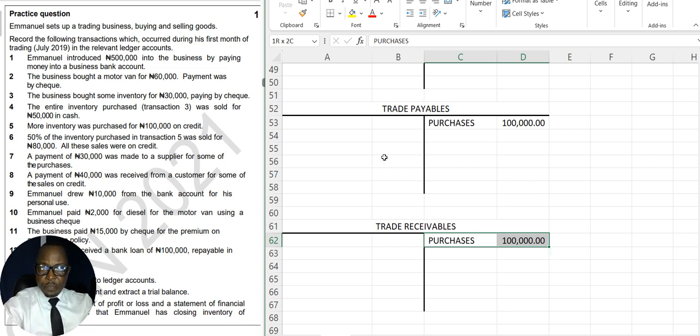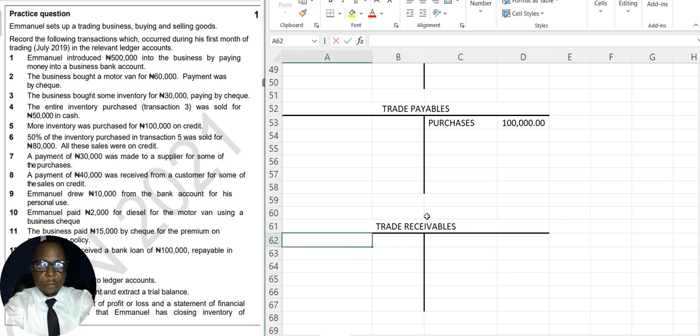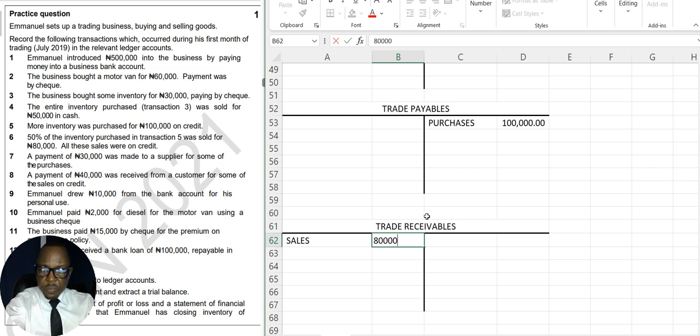All right, so the transaction we're treating is the inventory. 50% of the inventory purchased in transaction 5 was sold on credit. That is credit sales. Is that not so? So sales is giving it to trade receivables. So we'll put sales here. 50% was sold, and the amount was 80,000.